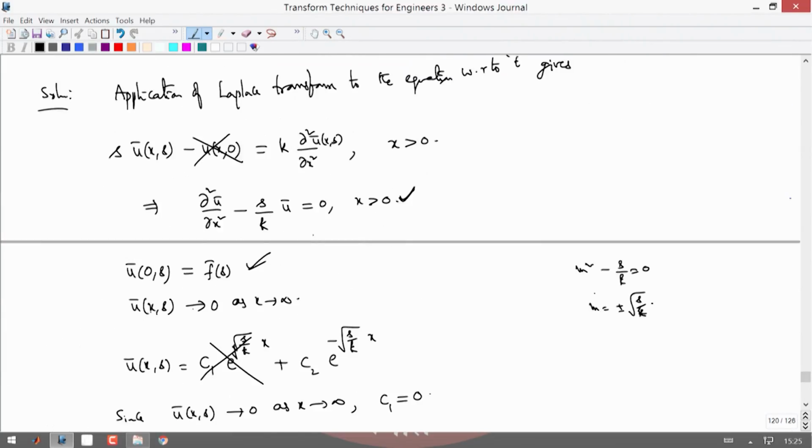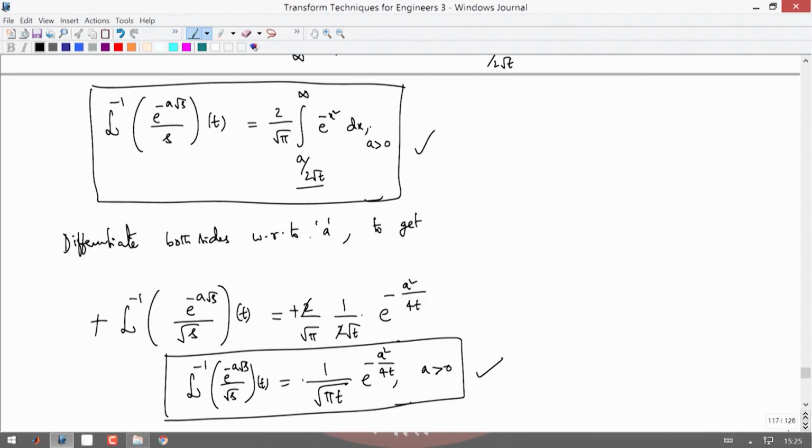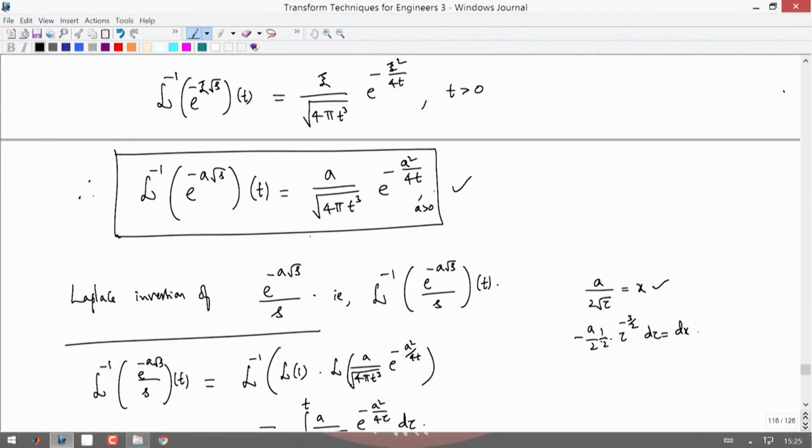What is that one? You have already seen just now the Laplace inversion of this function.